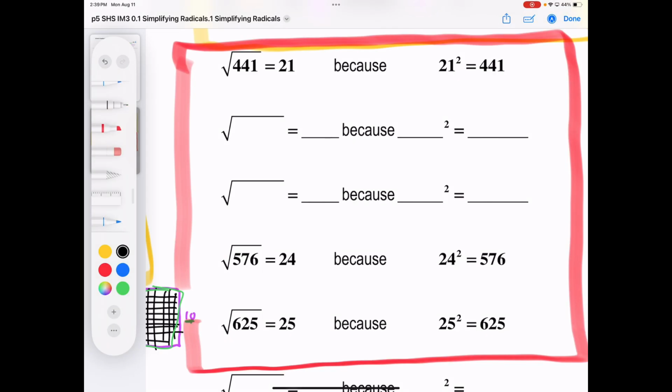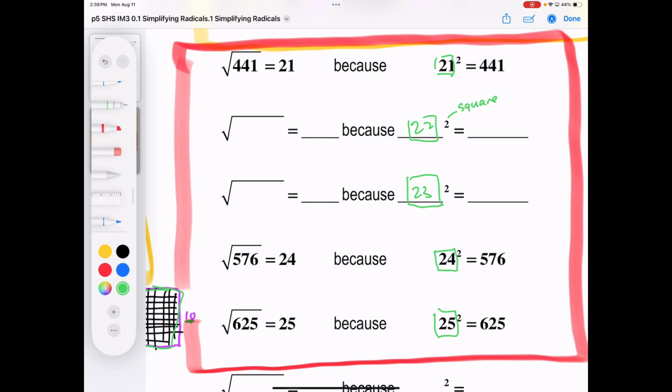Okay, so here we should see a pattern. Okay, I have 25, I have 24. So what number do you think this one's going to be? 23, this one, 22, and then we have 21. Well, what does it mean with a little 2 up there? They call this a square, right? It's really an exponent as well.